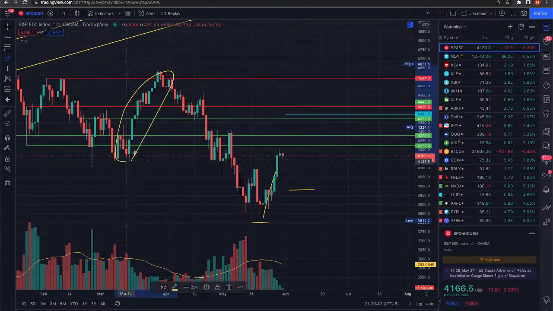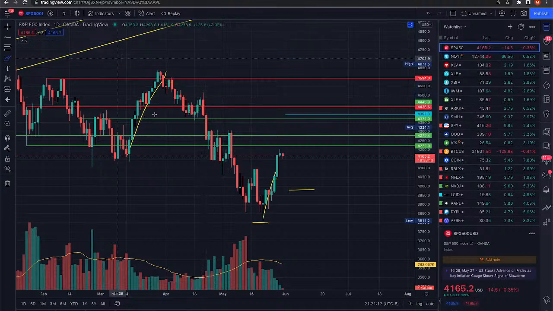The reason I say it's a bullshit move is because it never confirmed a trend change, how I explained it over here, right? I said this is what you need for a trend change. You need a higher low and then continue upward. So what did it do up here? It just went straight up and the bulls got tired and then it dumped, right? So what they needed to do was create a higher low there and then continue up, right?